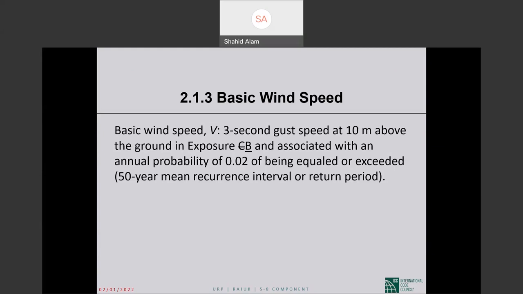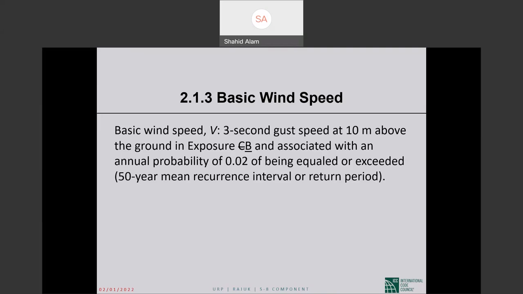Now, when we say that, it is not just one 3-second period that you choose randomly. Agencies like NOAA, the National Oceanic and Atmospheric Administration, take wind speed average over one 3-second period, then the next 3-second period, then the next.